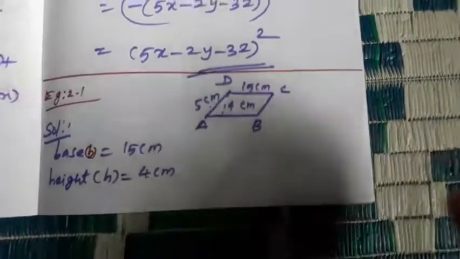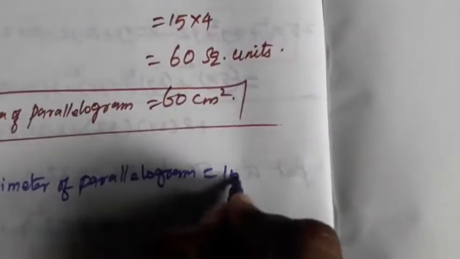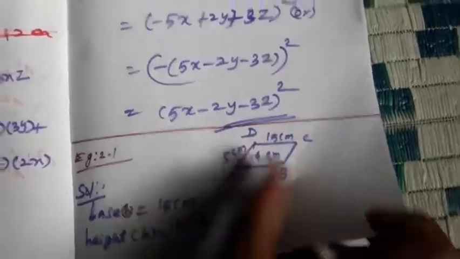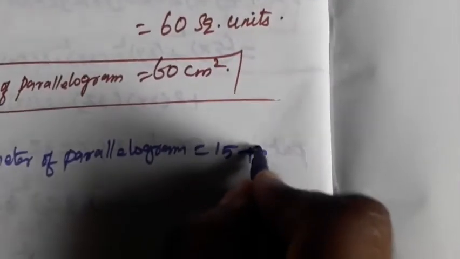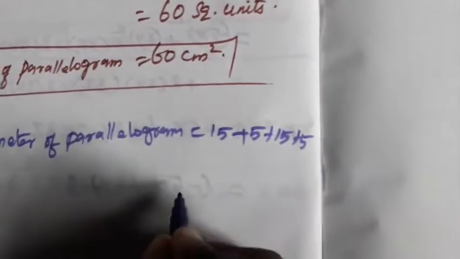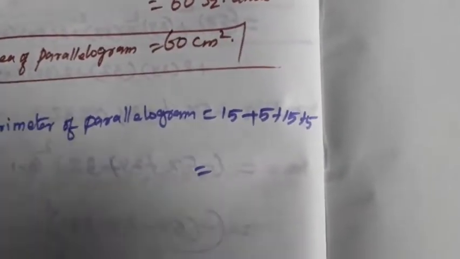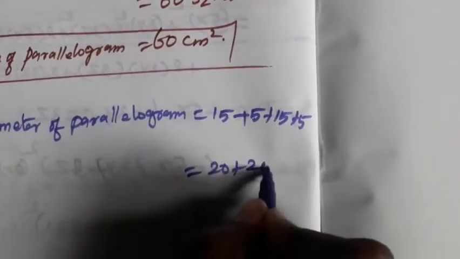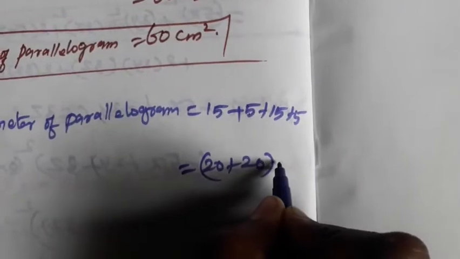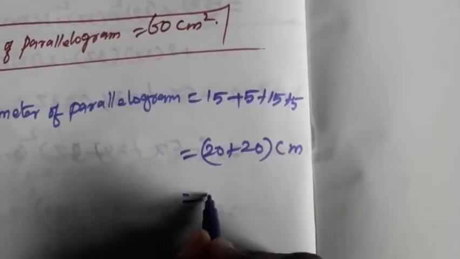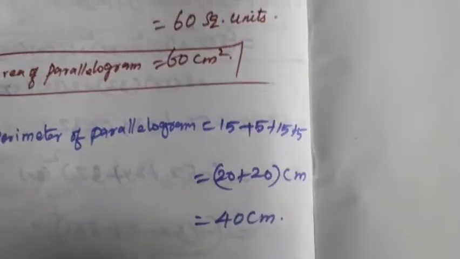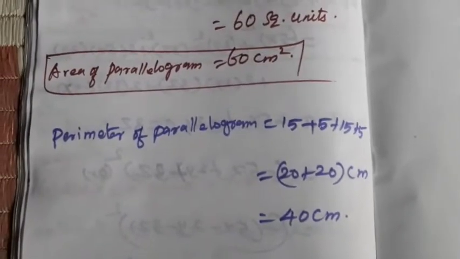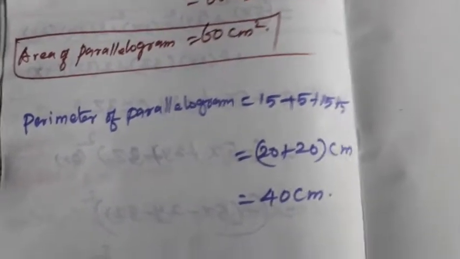Here 5, also here 5. Adding 15 plus 5 plus 15 plus 5: 15 plus 5 is 20, 15 plus 5 is 20, and 20 plus 20 is 40 centimeter. Area is in square units, therefore centimeter square. Perimeter is in units only, therefore centimeter.